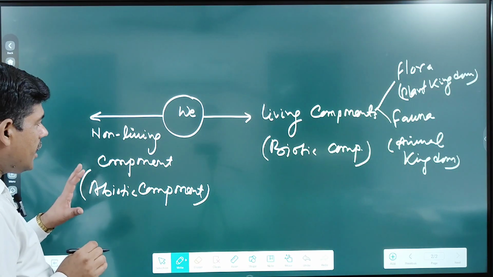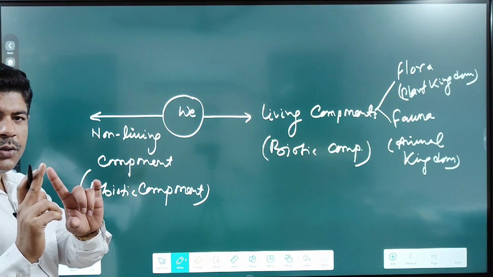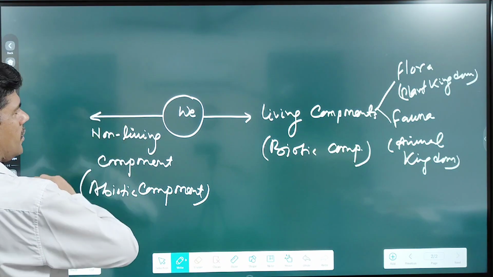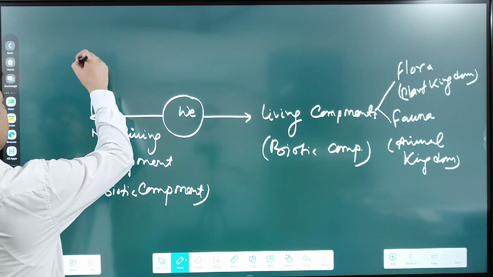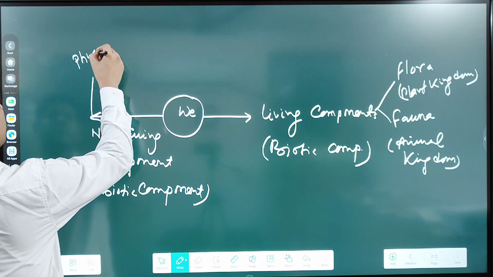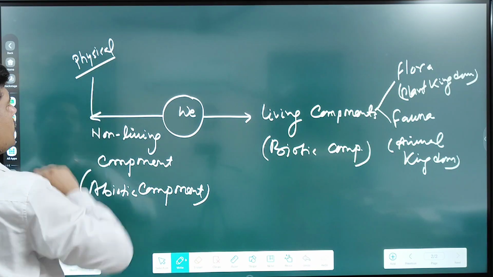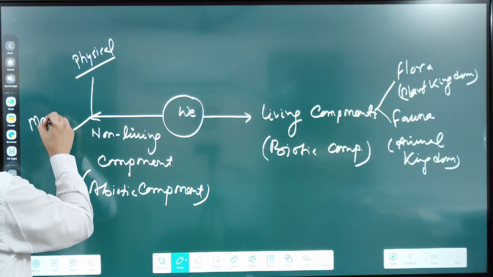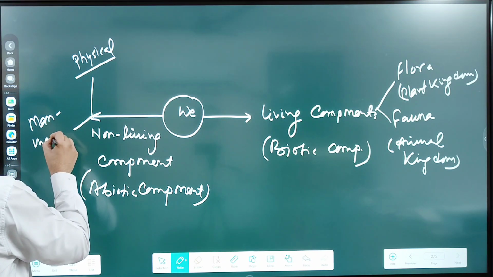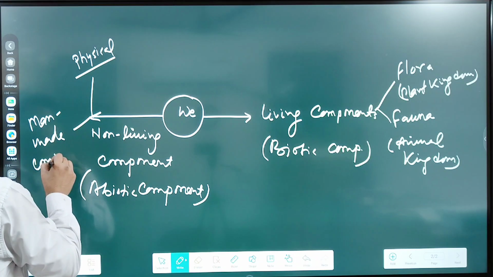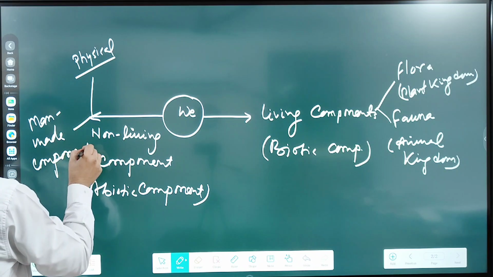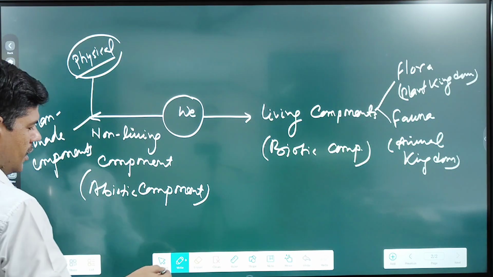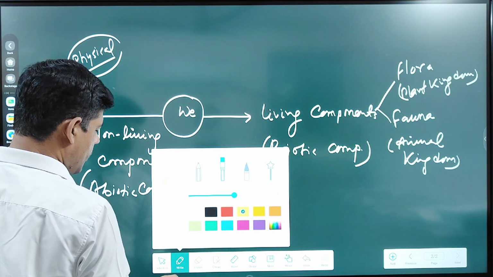Here non-living, two type of components. For example, physical component and other man-made components. Physical components and man-made components.